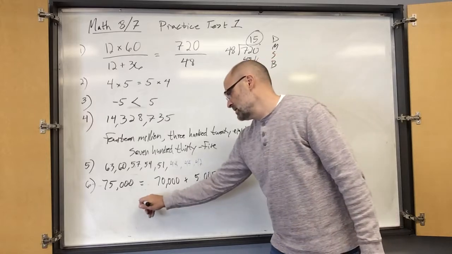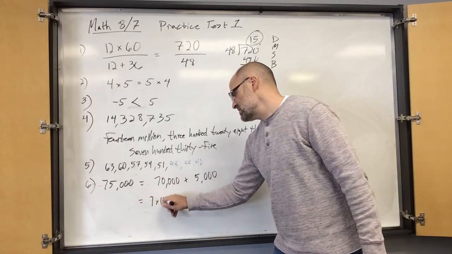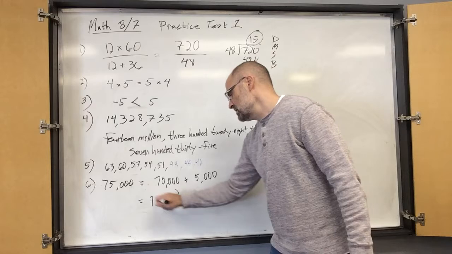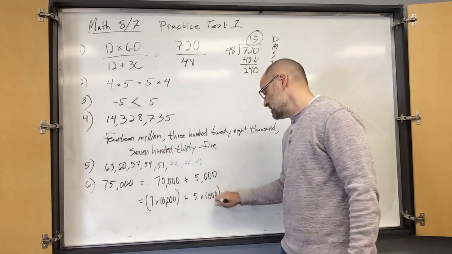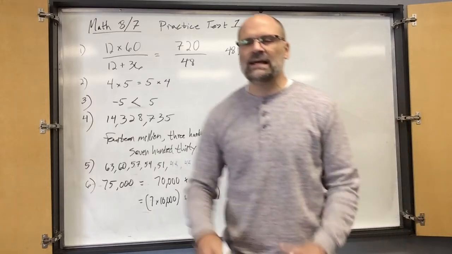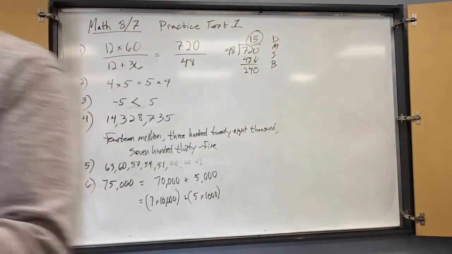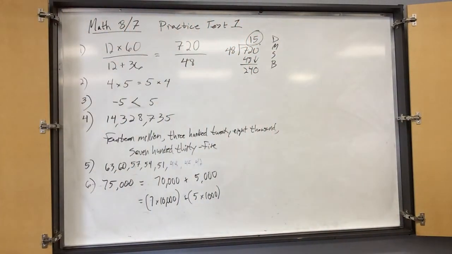Hunter? Times 10,000. Right, 7 10,000s or 7 times 10,000 plus 5 thousands. And then you don't have to say 0 hundreds, 0 tens, and 0 ones. You can just leave it like that. Okay? Does that make sense? So place value notation, you don't need to do that, but that's awesome. If you need to do that first to get to there, that's great.